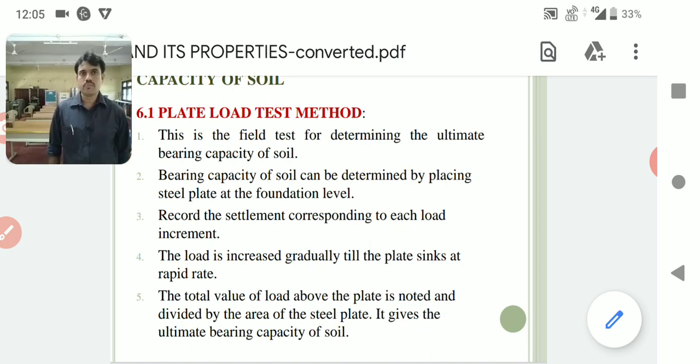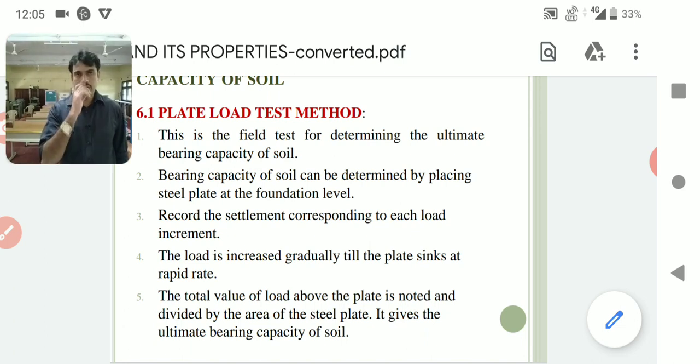In this plate load test method, as the name itself indicates, we are going to use a square plate of variable size. It may be 300 by 300 mm, or sometimes it may vary up to 750 by 750 mm as per our requirements.